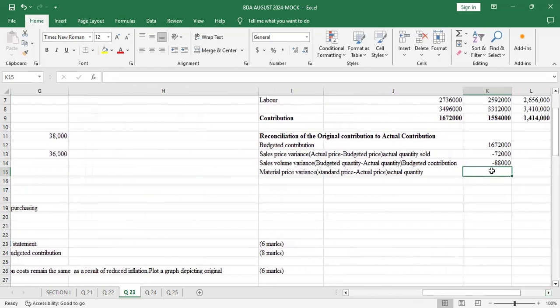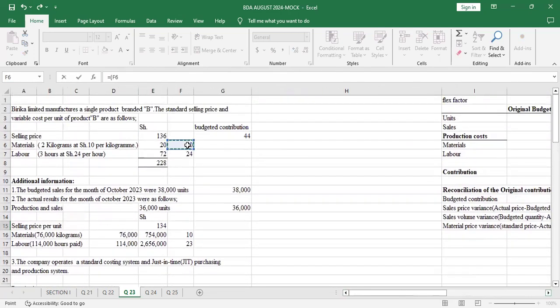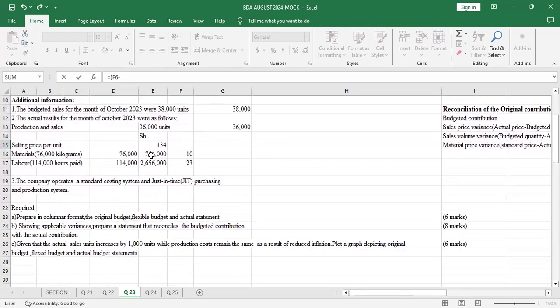So we'll say material price variance equals the standard price per kg of the material, which is 10, minus the actual price per kg of the material, which is also 10.